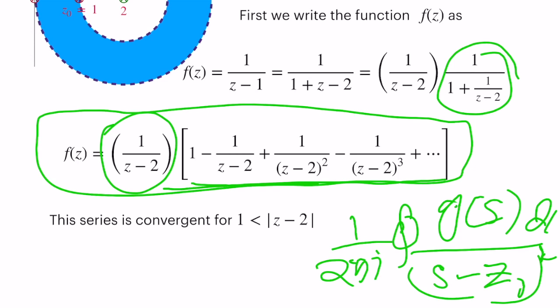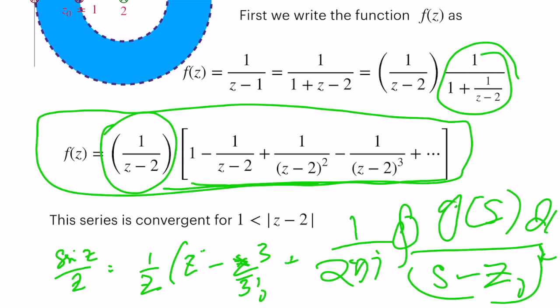For example, if you are given the function sine z by z, the easiest way is to use 1 by z times the expansion of sine, which you know: z minus z cube by 3 factorial, and so on. And then you see the expansion is already given. So this is an easier way of doing it.